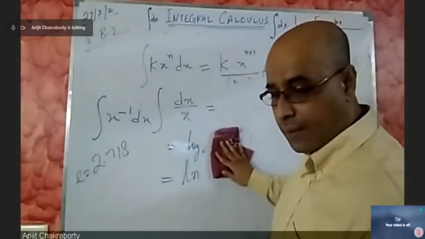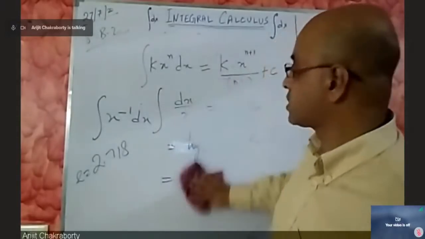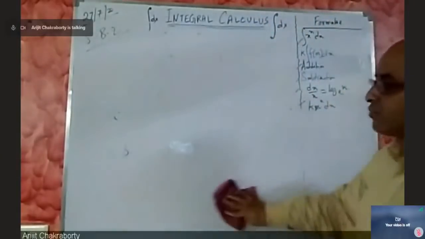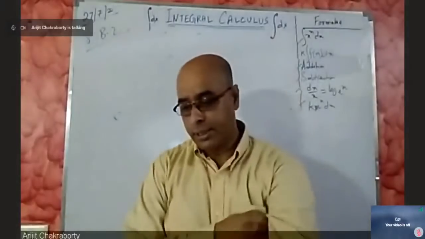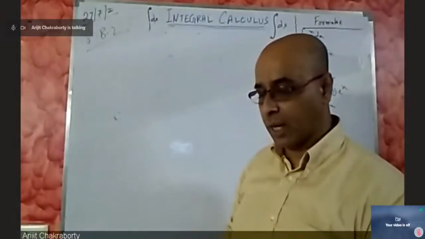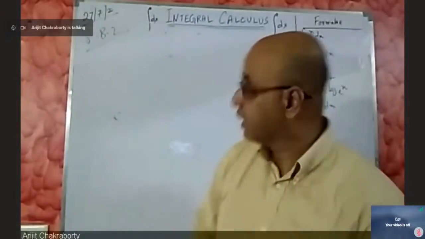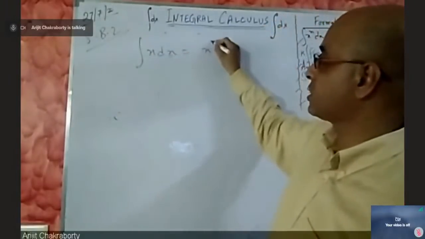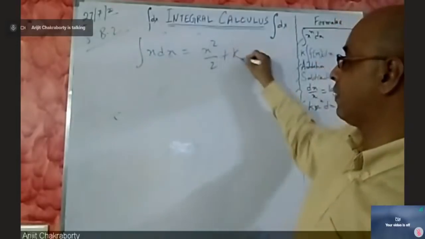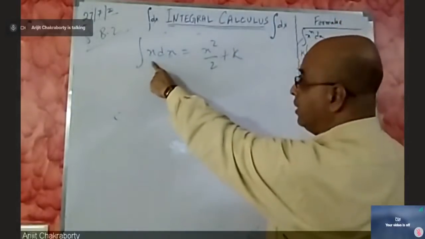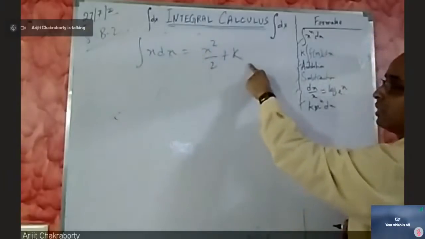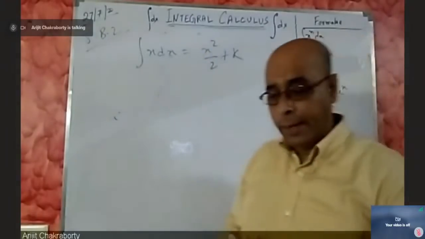Now let's take some other functions and see what additional formulas are to be learned. If f(x) is x, integral of x dx is x squared by 2 plus k. X to the power 1 becomes x to the power 1 plus 1 divided by 1 plus 1, plus k.